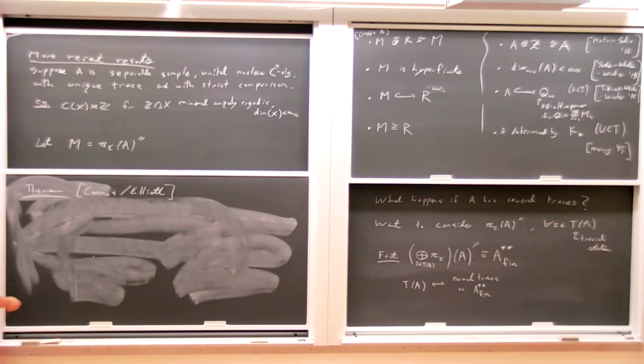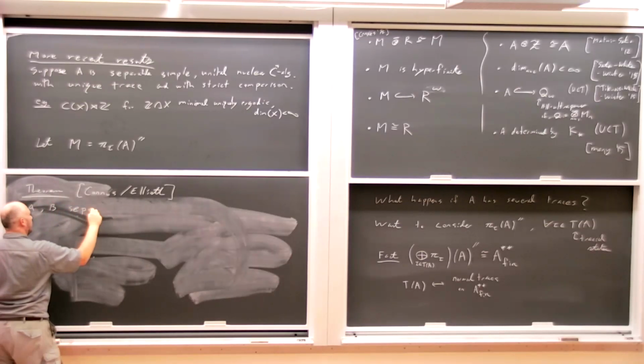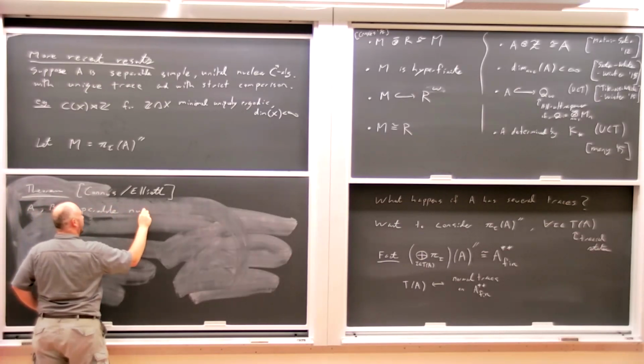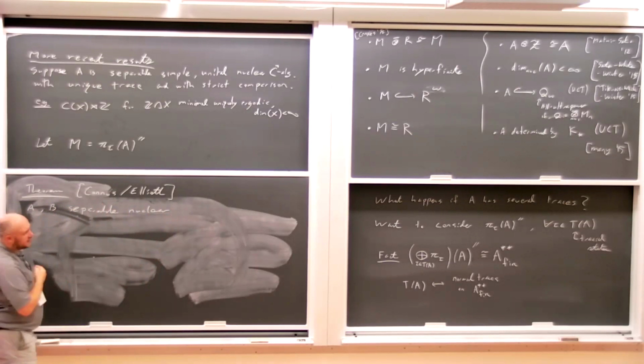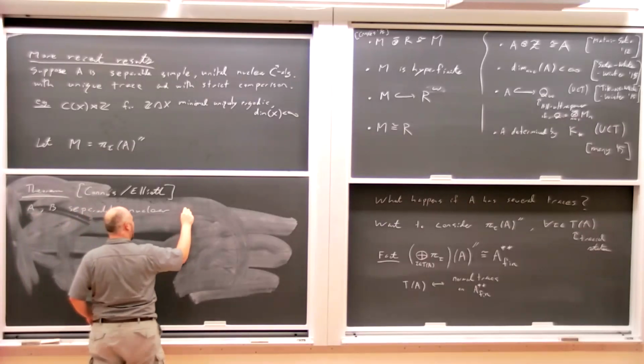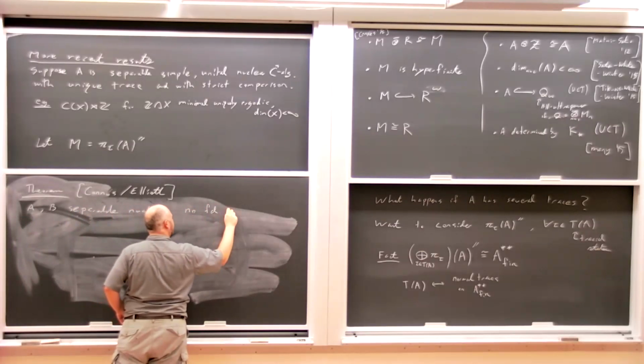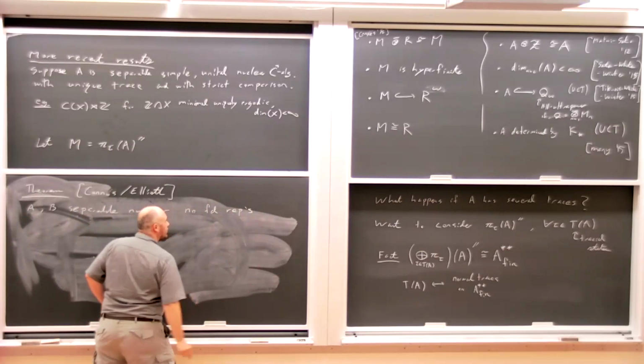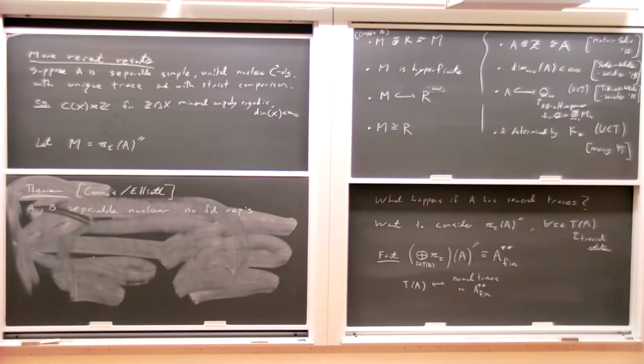So the version I'll go with here is say A and B are separable nuclear, which will force these things to be injective. Now this could be relaxed if you change the statements a little bit. Say no finite dimensional representations, so I don't try to claim R is isomorphic to M2 or something.